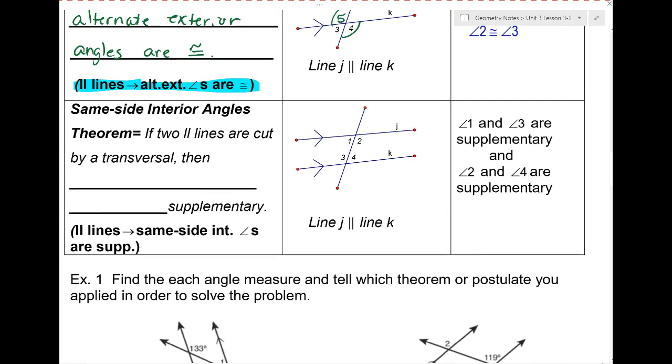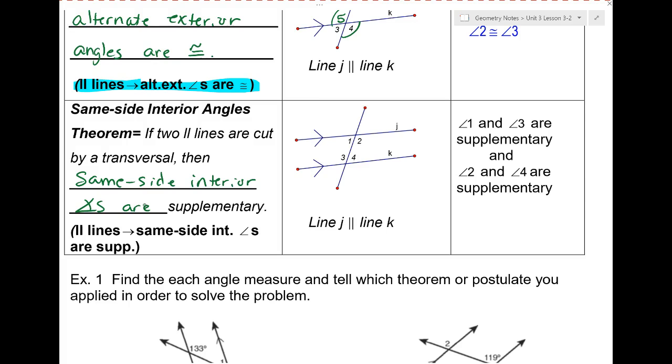All right. So if two parallel lines are cut by a transversal, then same side interior angles are supplementary. If the transversal is perpendicular to the parallel lines, are the angles still congruent? Yes, they still would be. In fact, in lesson 3-4, if it's perpendicular, all of those angles need to be what measure? 90.